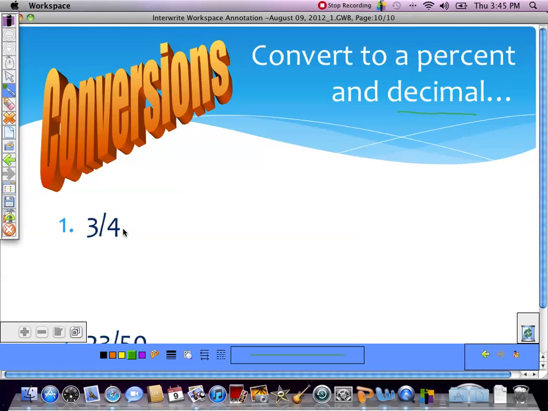And the only way to change fractions to decimals is to divide. Remember, first come, first serve. So 3 will go inside the house. It will be our dividend, and 4 will be our divisor.